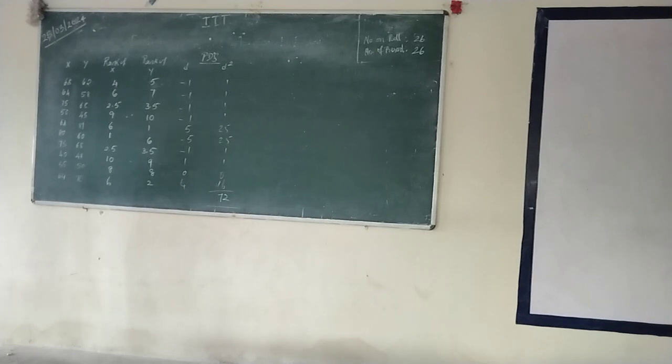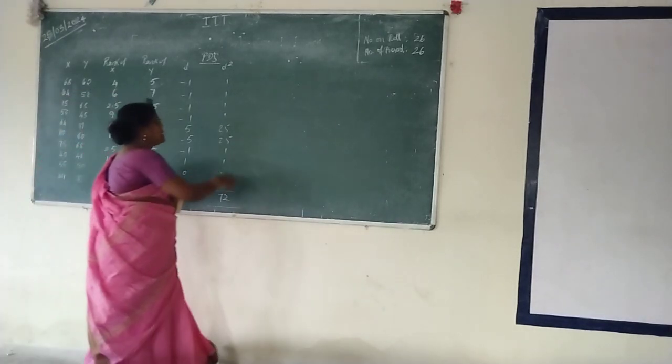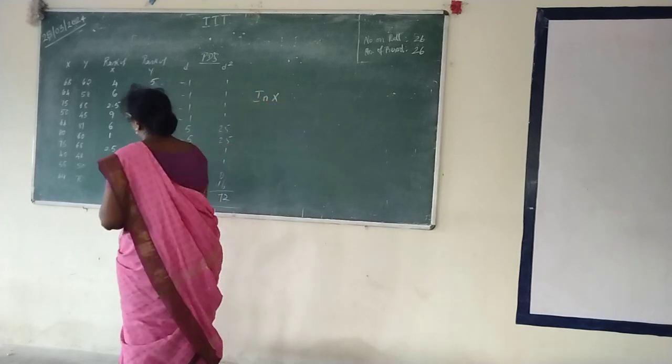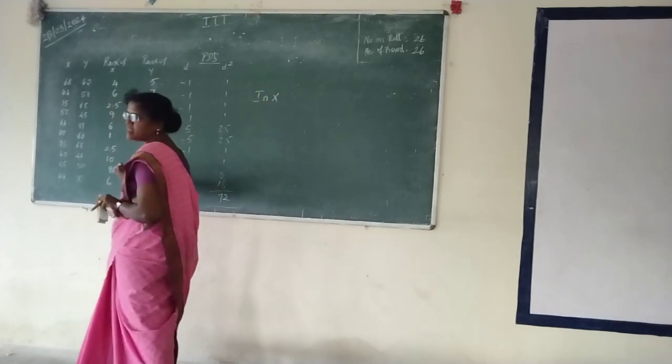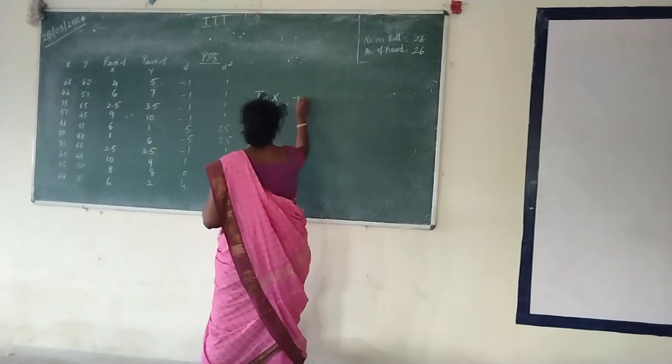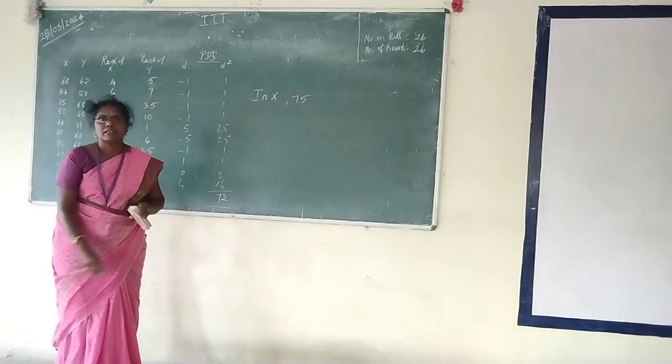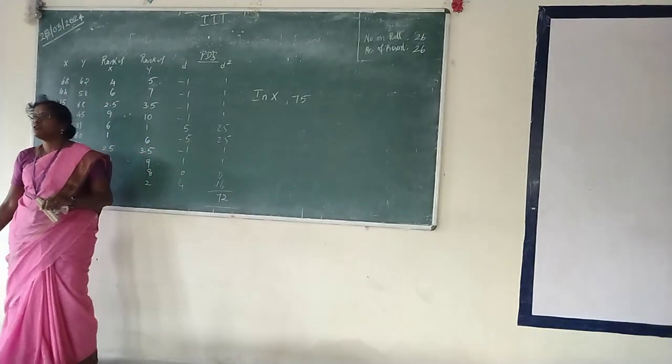Okay, so below the table write, in x, which is the first repeated value, 75. So write 75 is repeated twice. In x, 75 is repeated twice.